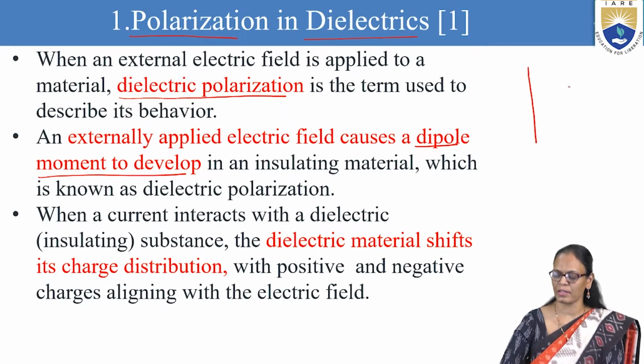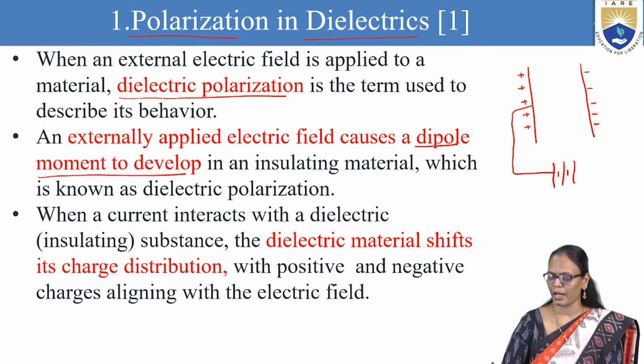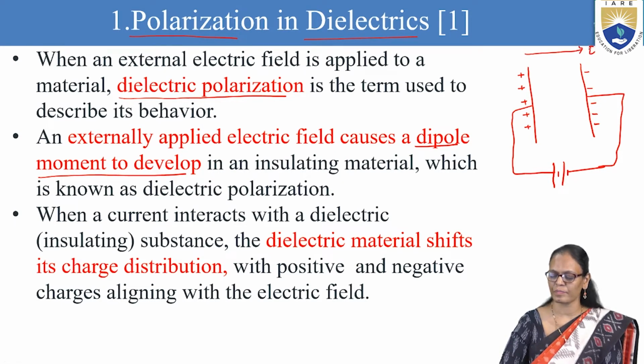So let us see how it is formed. Now we have an electric field applied. We have connected one plate to the positive and the other to the negative, so we have a positive plate and a negative plate. Due to this, we have an electric field.